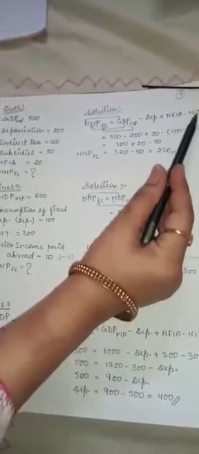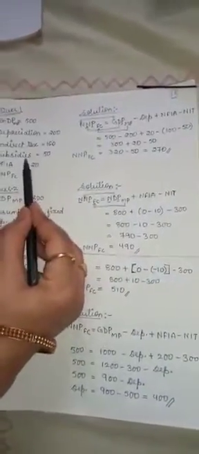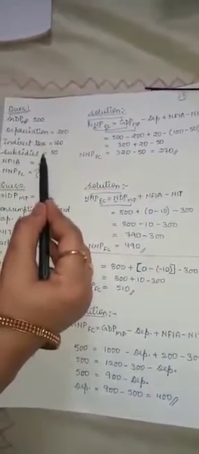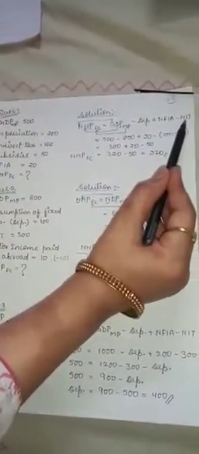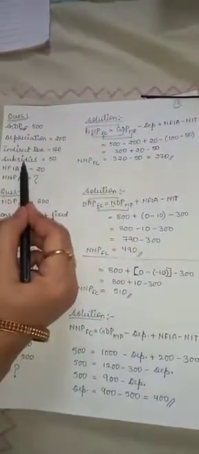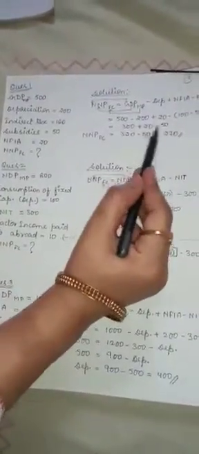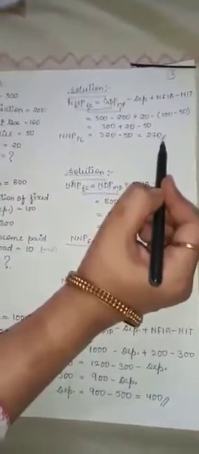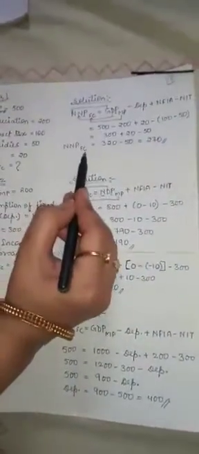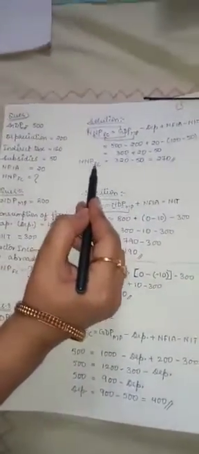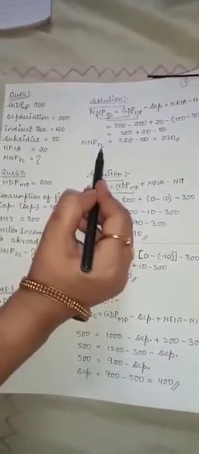Instead of giving it directly, here indirect tax and subsidies are given and we know the formula for calculating NIT: indirect tax minus subsidy gives NIT. So here indirect tax 100, subsidy 50, so 100 minus 50. So after solving this, we will get 270 as NNPFC, net national product at factor cost.